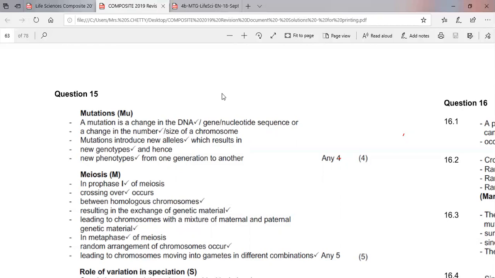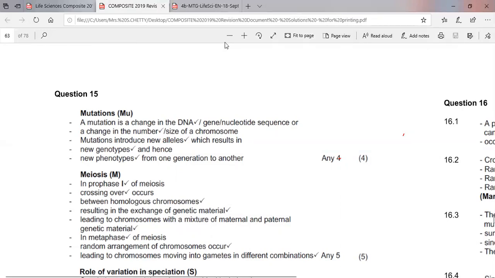So we said mutation, we only know is a change in DNA or change in the number of chromosomes, but how does it bring on a characteristic which either suits an environmental change or even is not suitable to environmental change? Because it introduces new alleles.